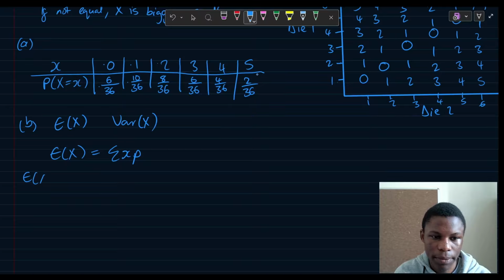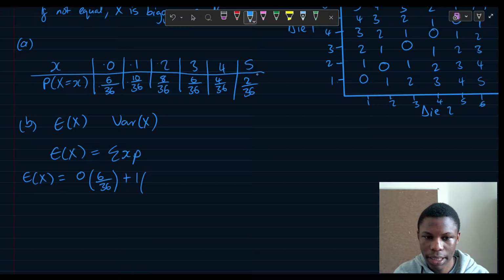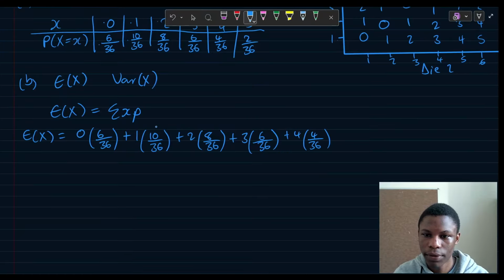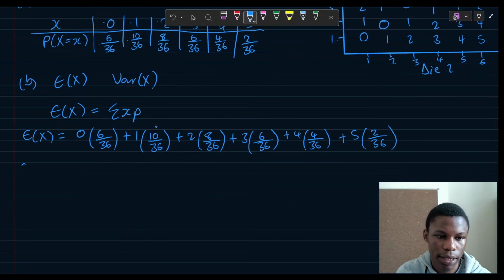So that's going to be our 0 times the 6 over 36, plus the 1 times the 10 over 36, plus the 2 times 8 over 36, plus the 3 times 6 over 36, plus the 4 times 4 over 36, plus the 5 times 2 over 36.